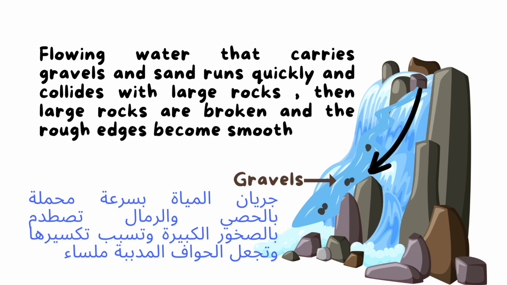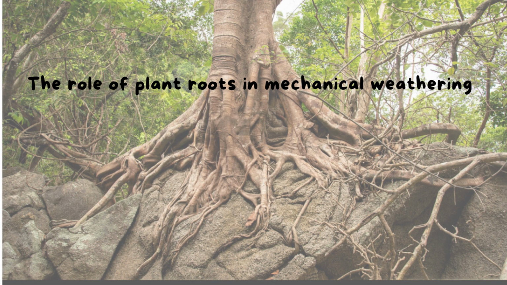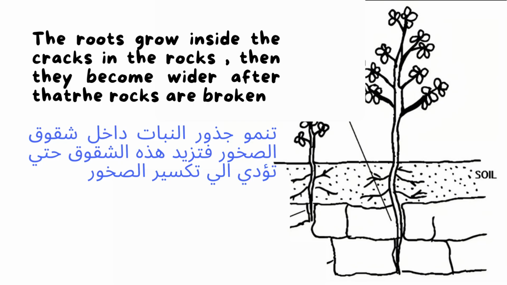Now we will go to the role of plant roots in mechanical weathering. As you know, the roots grow inside the cracks of the rocks, then the cracks become wider as these roots grow bigger and bigger.